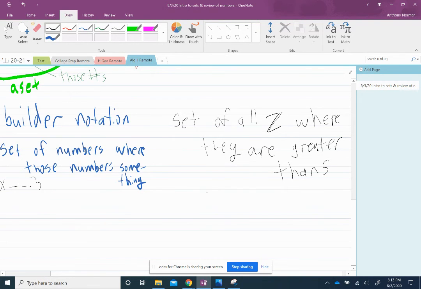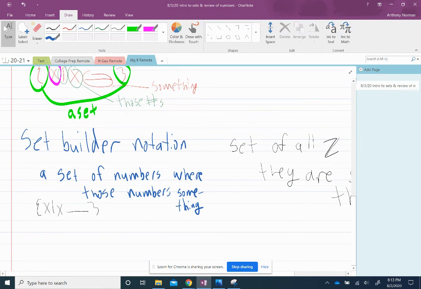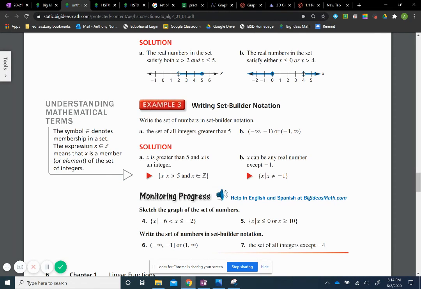So again, we have a set of numbers where those numbers are integers. Do you have to teach us a new symbol? Yes.